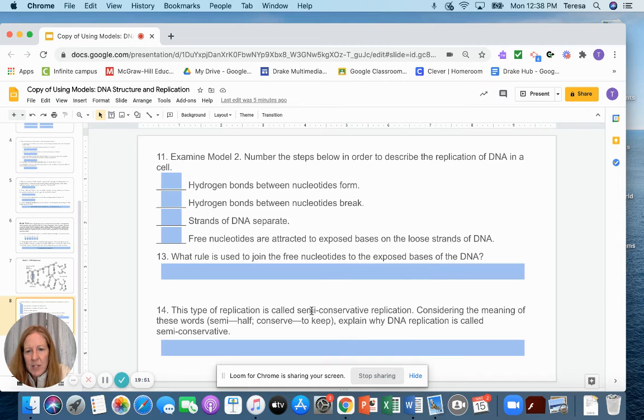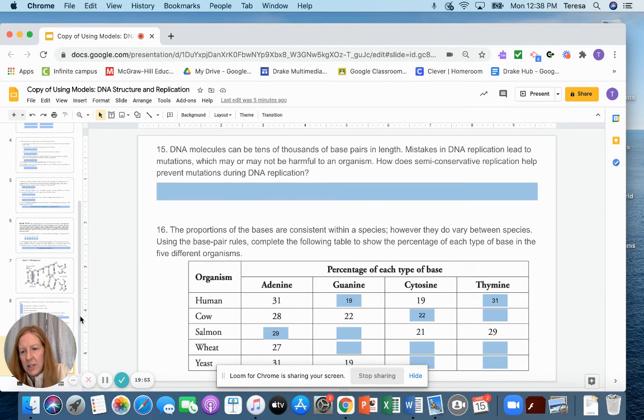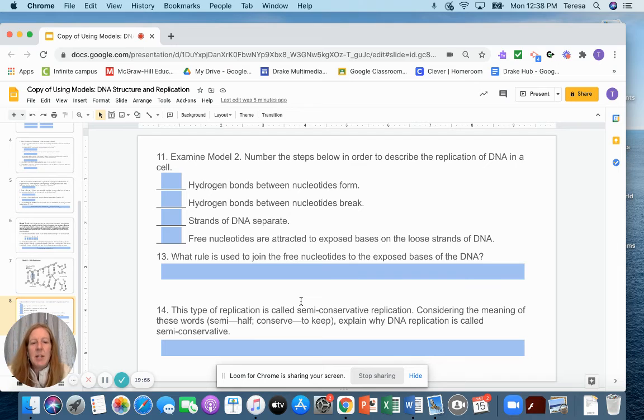Okay, and then question 14, this type of replication is called semi-conservative. Think about the meaning of those two words. Semi means half, conserve means to keep. Explain why DNA replication is called semi-conservative. It's called semi-conservative because half of the DNA is going to be old DNA, right?